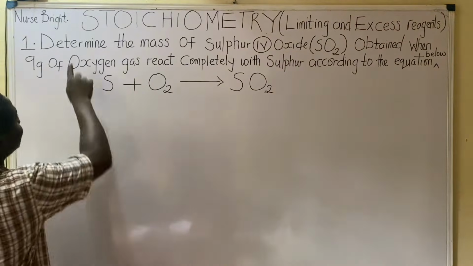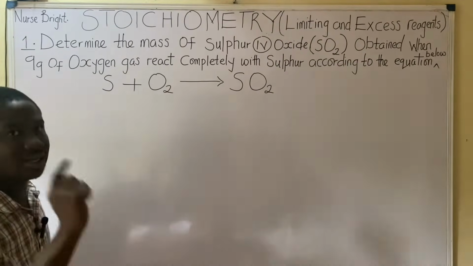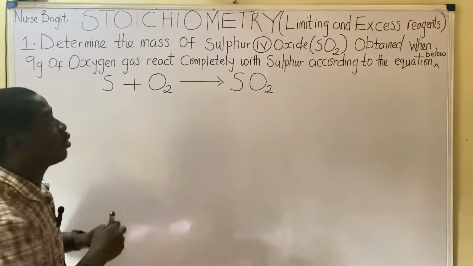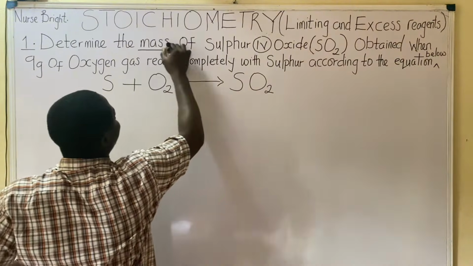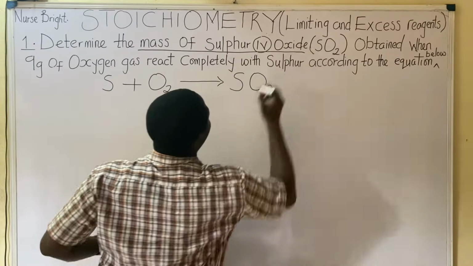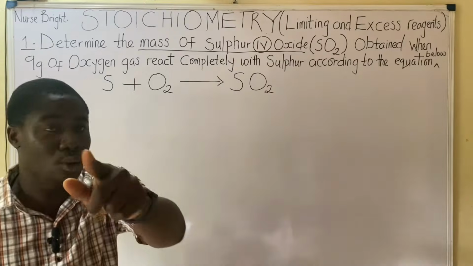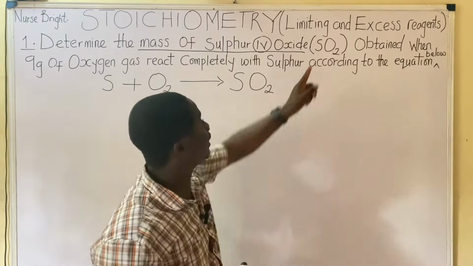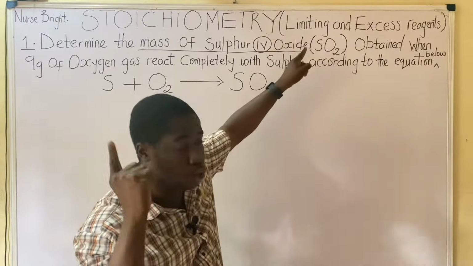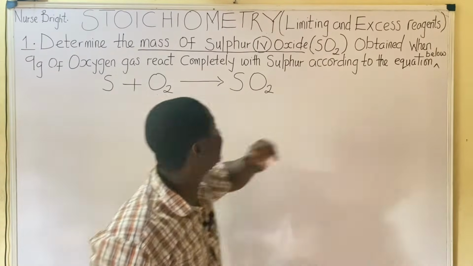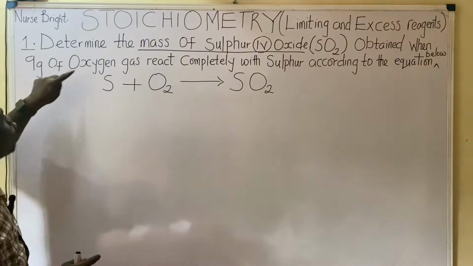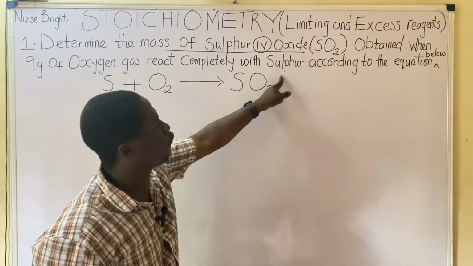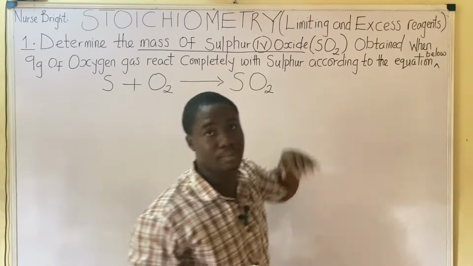The question says, determine the mass of sulfur 4 oxide, which you already know is written chemically as SO2, obtained when 9 grams of oxygen gas react completely with sulfur according to the equation below.